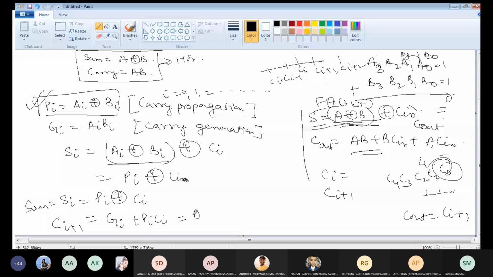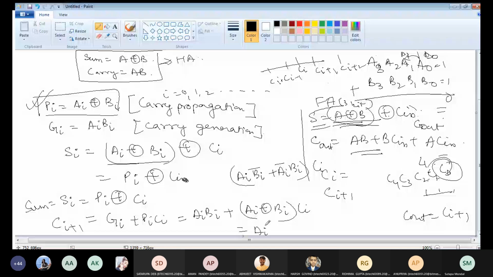So if we break this, let's see what value comes. That is AI XOR BI with CI. If we multiply and add, we will get AI BI plus BI CI plus AI CI.